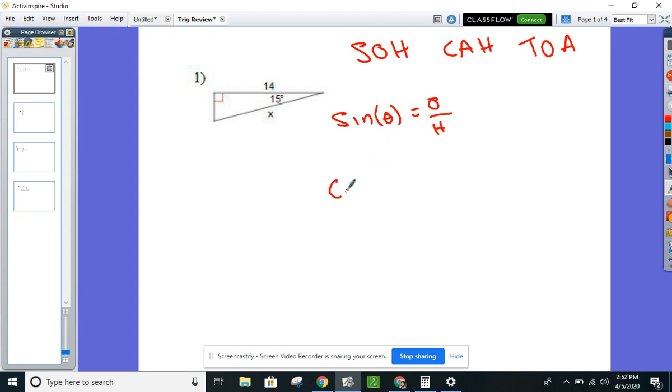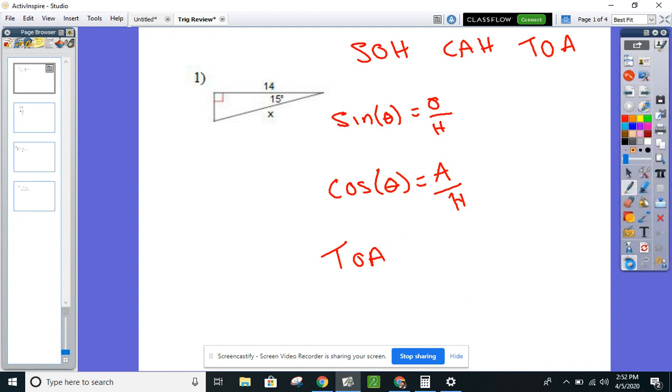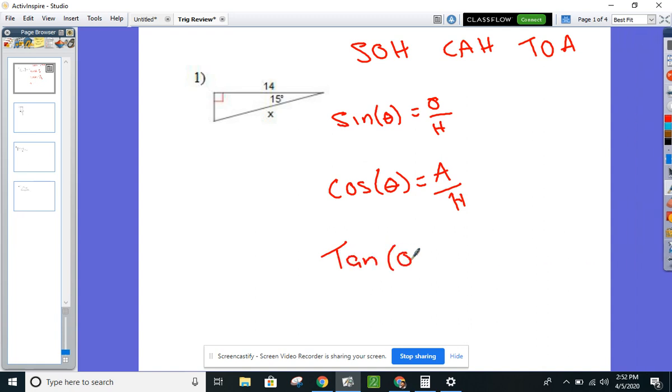Second one, cosine of an angle equals adjacent over hypotenuse, and then tangent: tan of an angle is equal to opposite over adjacent.